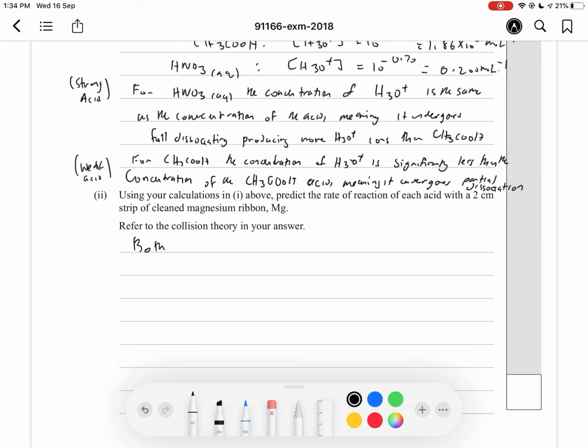So we can say that both acids will react with Mg in an acid plus metal reaction.